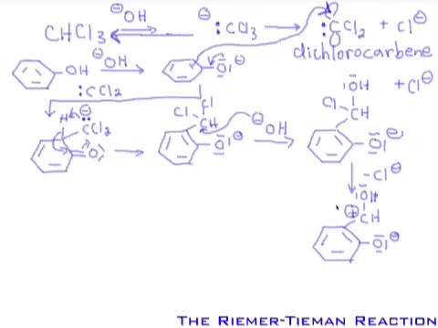What's interesting, this is not just resonance stabilized around the aromatic ring, but this OH can also dump in electrons to the positive charge. And I can get this resonance structure. And once you see this resonance structure, now you begin to see where the aldehyde comes from, because this contributor is just a protonated aldehyde.